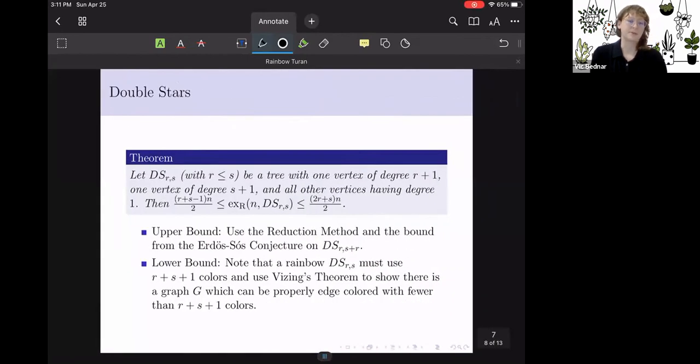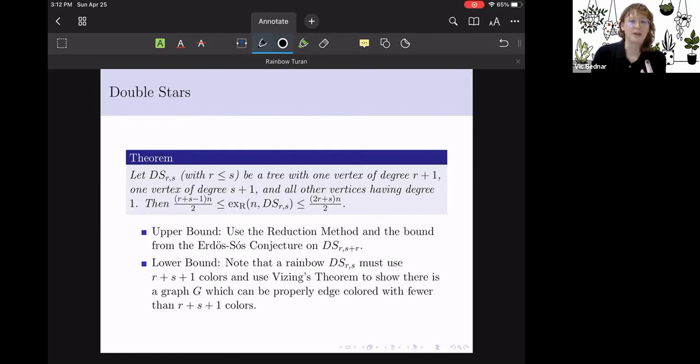The lower bound comes from an observation using Vizing's theorem. If we would like to rainbow edge color a double star, then we need the same number of colors as the double star has edges, which is R plus S plus 1 colors.